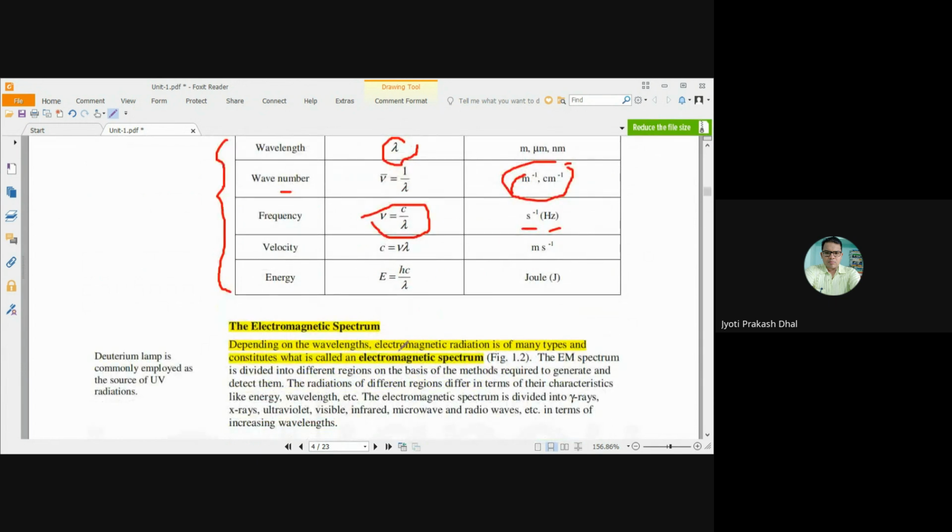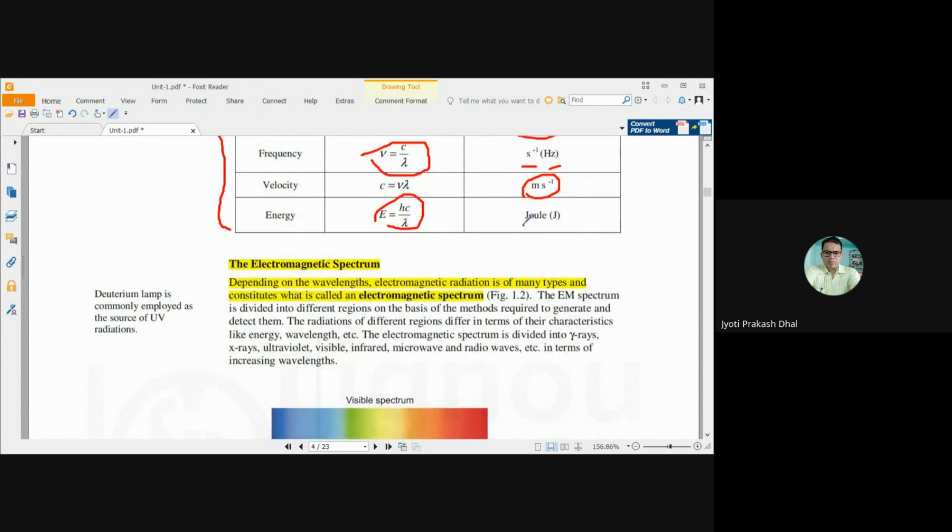Velocity, c equals nu into lambda, has the unit meter per second. And energy, E equals hc by lambda, has the unit joule.